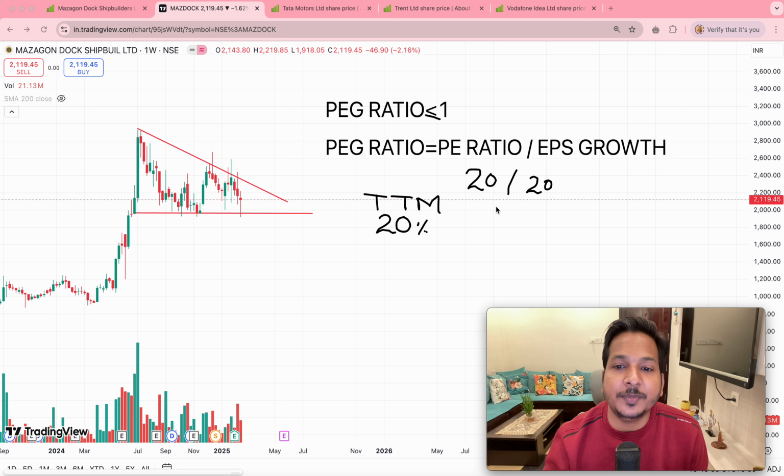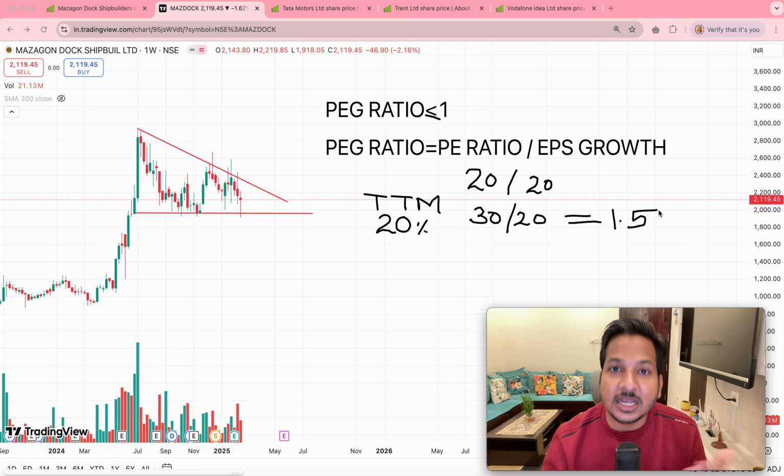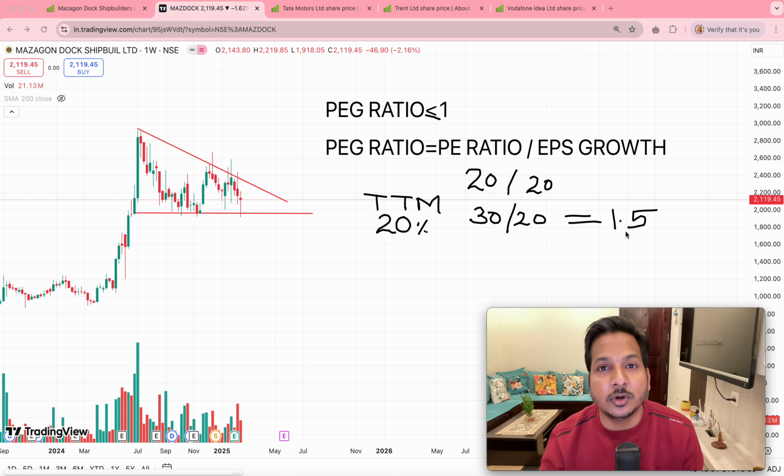If your stock's PE ratio is currently 30 and its profit growth is 20, then your PEG ratio comes to 1.5. So if the bear market continues, your stock will correct more. If suddenly a bull market comes from here, it will be speculative, prices will start rising. That time it may not correct, because 1.5 is also a good PEG ratio.